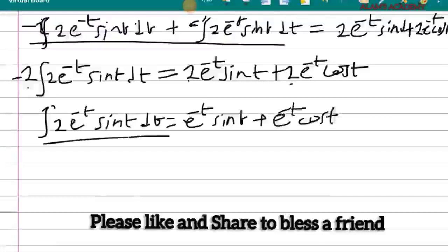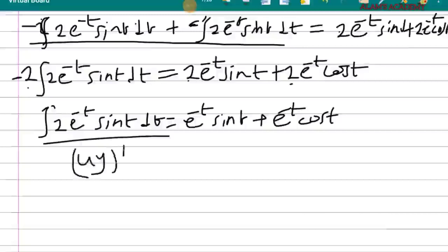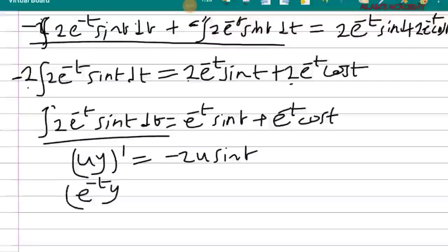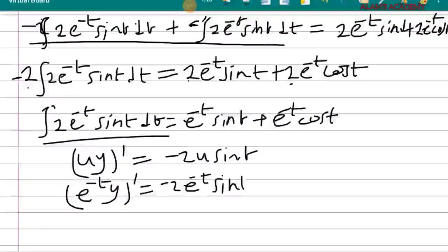So now we recall that this is what we're looking for: u prime to be equal to negative 2u sine t. Remember, we found u to be e^(-t), and so this is equal to that, and so we were trying to integrate this and then differentiate it, and this is what we have found over here.